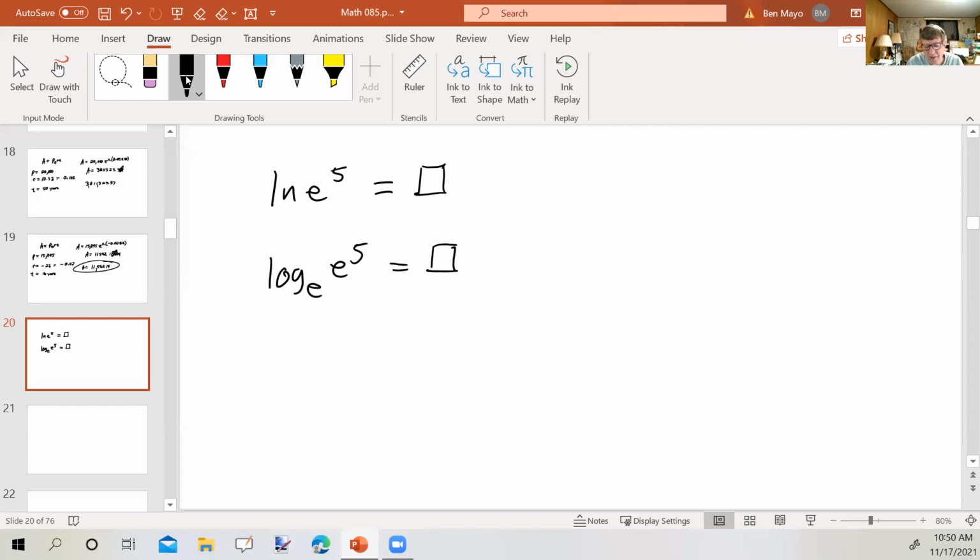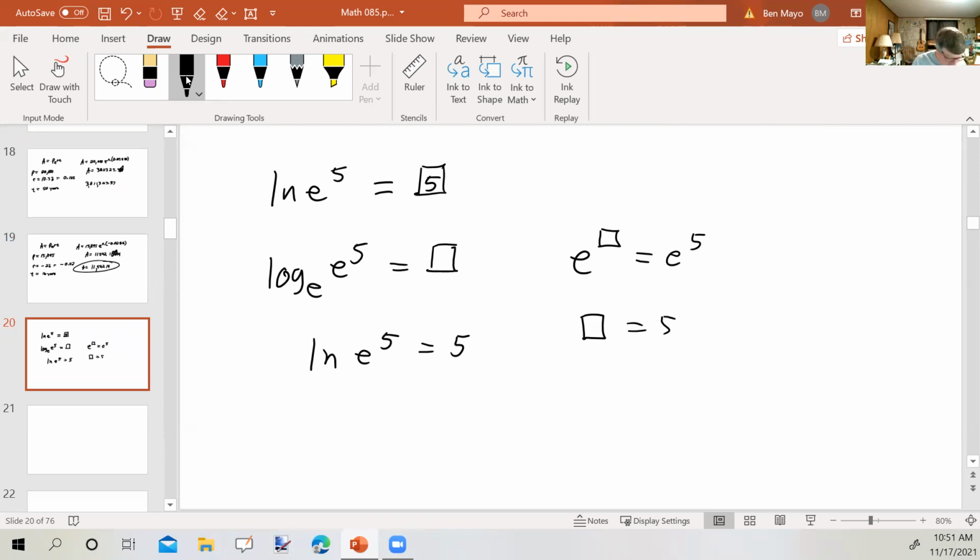But if we take this logarithmic equation and convert it to an exponential equation, we get e to the box equals e to the fifth. Now we have an equation where the bases are the same, so the exponents are the same. So the box equals 5. So the natural log of e to the fifth power is 5.